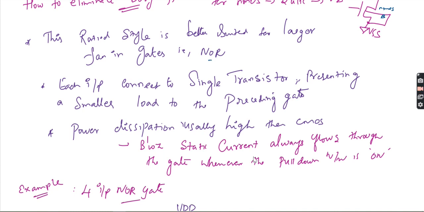For example, for a NOR gate. Why for a NOR gate? When implementing in the NMOS-based structure, the NOR gate will be in a parallel structure. So with parallel types of gates, we can have a better ratio style. Each input is connected to a single transistor, so that presents a smaller load to the preceding gate.